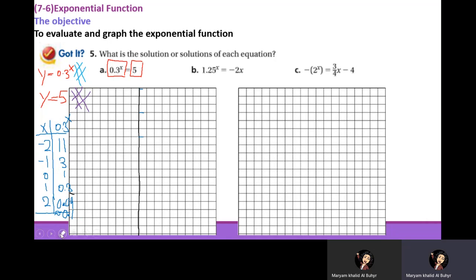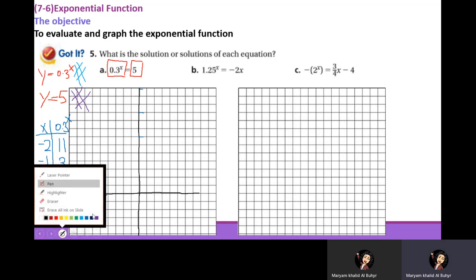I don't know, I have to erase all of it. So now let me graph.